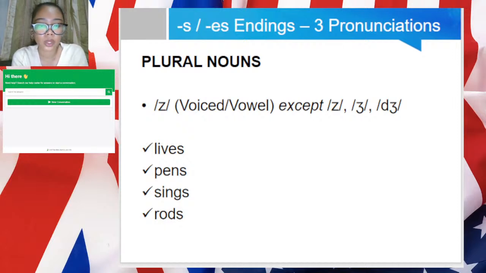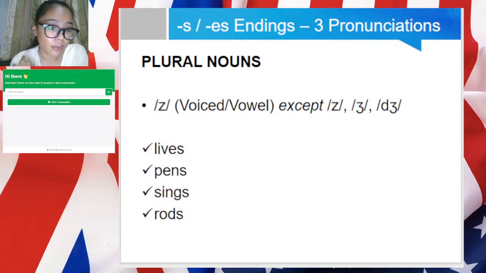For example, we have here lives, pens, sings, but not a totally harsh sound. There's just a little bit of that buzzing in there. So that's why we take it as is. Just like when I said sings, not like that, but almost like that. There's a little bit of the properties of the z sound, but not totally all of it. Just a little bit.